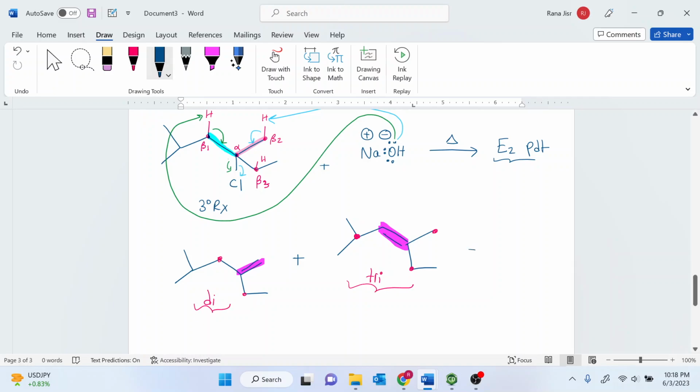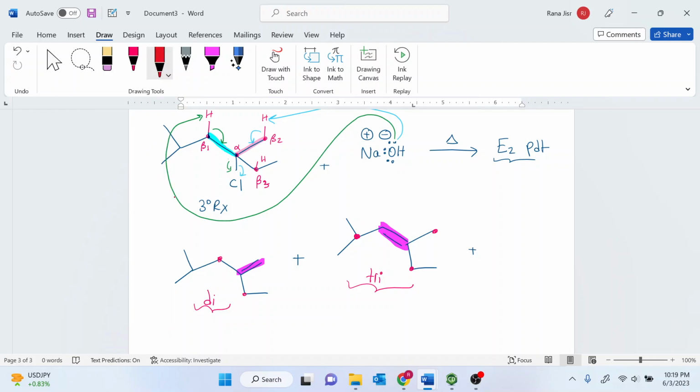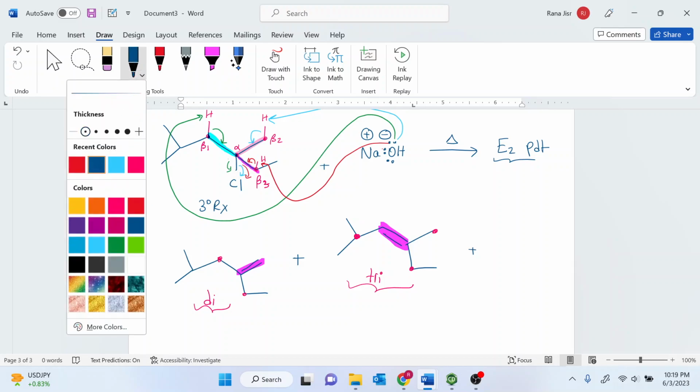I'm not done yet. Let's go ahead and finish the third alkene, where the base comes and takes the beta 3 hydrogen. So the base comes over here and takes this beta hydrogen, forms a double bond, and the chlorine is going to leave. So now I am going to end up getting a double bond between the alpha and beta 3, and my product is going to look like that.